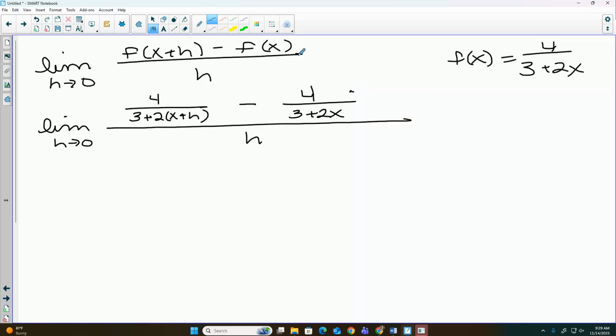Common denominator. Yeah, if we want to add or subtract, we need a common denominator. So, this one needs 3 plus 2x on top and bottom. This one would need the 3 plus, can I just write it as 2x plus 2h if I distribute my 2?